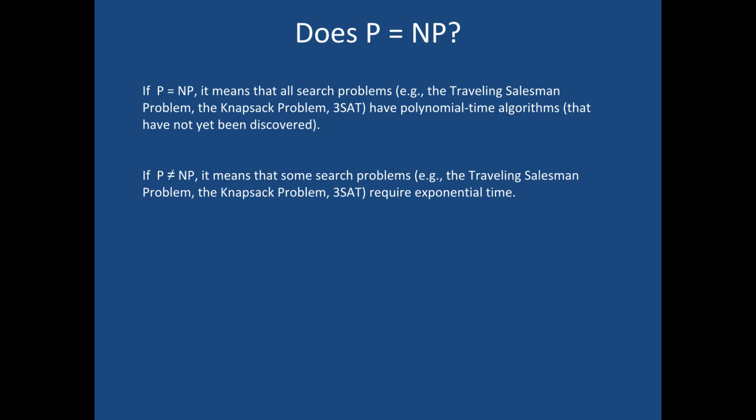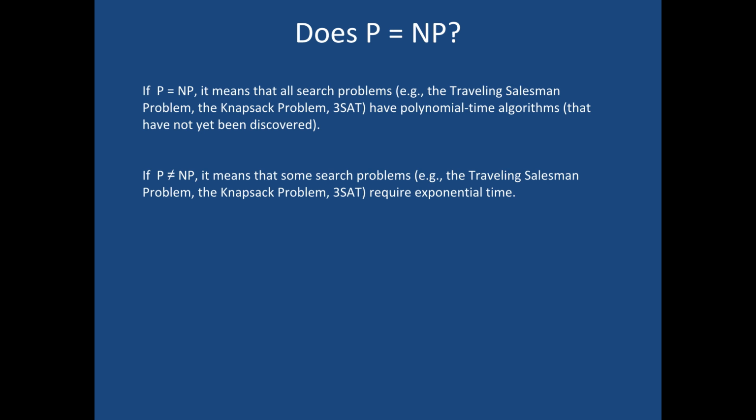And it just turns out that what Cook showed is that if you can find a fast algorithm for any NP complete problem, that implies all the NP complete problems have a fast solution.